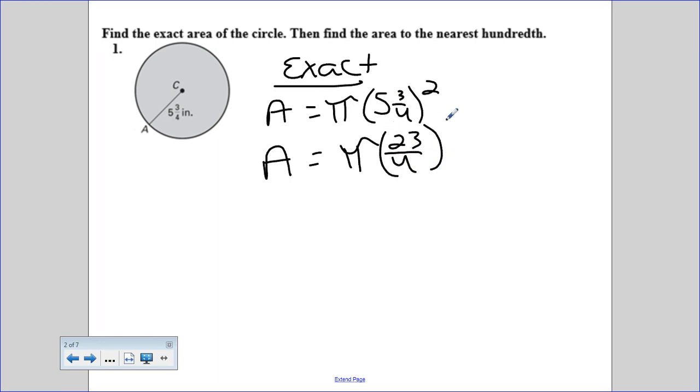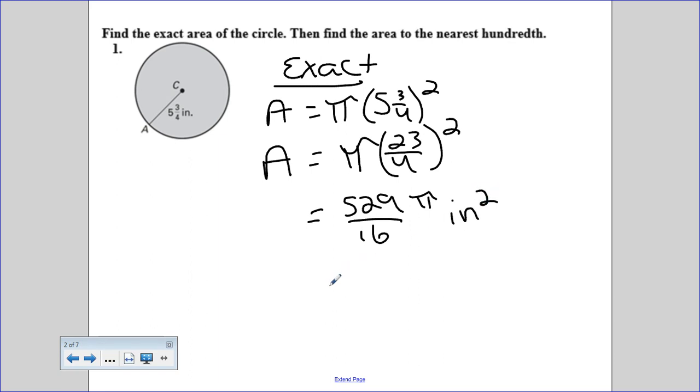And then you're going to square that. When you square it, you get 529 pi, or 529/16 pi, and you can say inches squared.